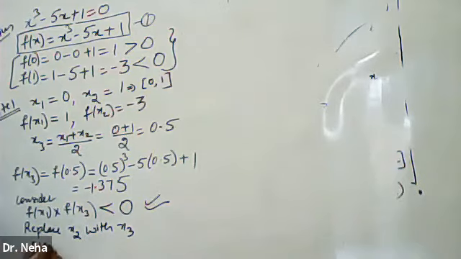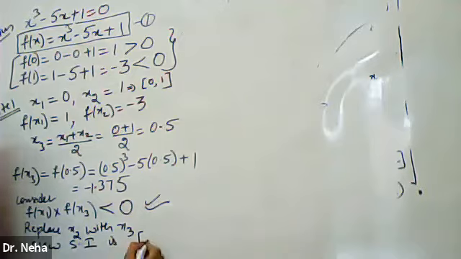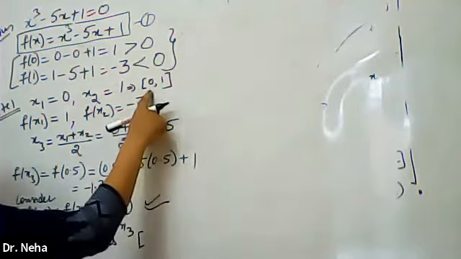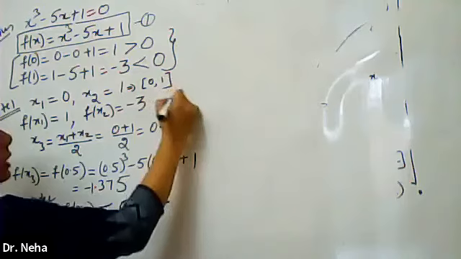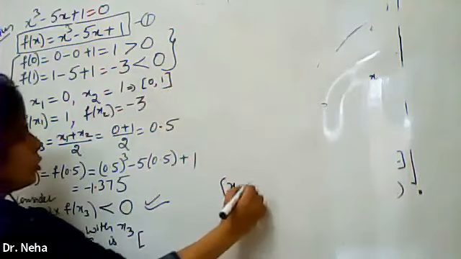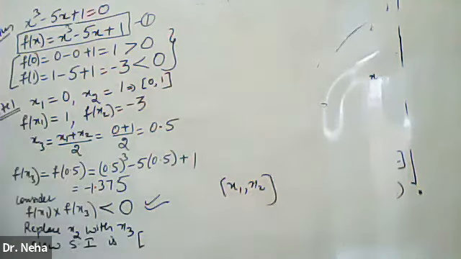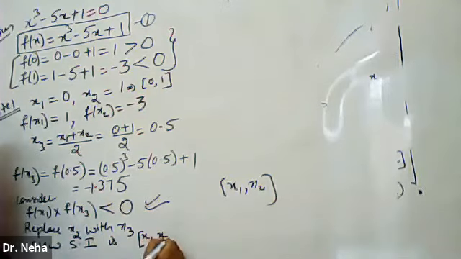That means new search interval, SI. New search interval is, what was it earlier? x1, x2. Earlier it was x1, x2. But now what is the new search interval? x1 will remain the same, but x2 is replaced with x3.